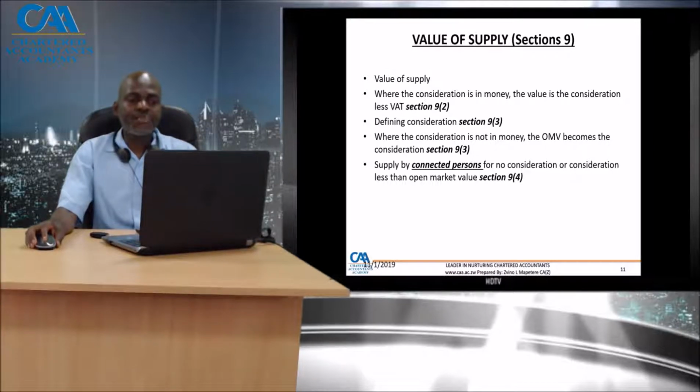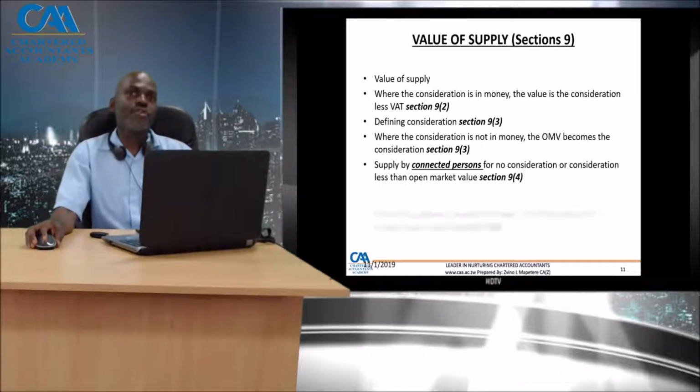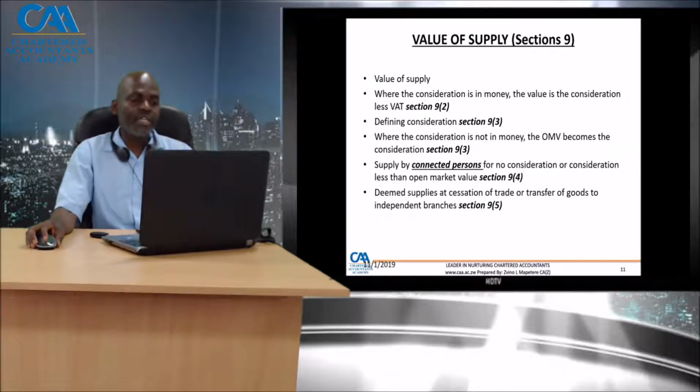Supply by connected persons for no consideration or consideration less than open market value. Again, these types of transactions are subject to abuse for either lowering or upping the taxes. So section 9.4, you need to go thoroughly through all the circumstances and through the provision that then guides how to determine value of supply where the supply is by connected persons.